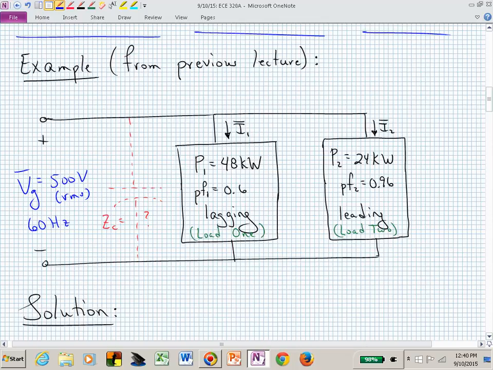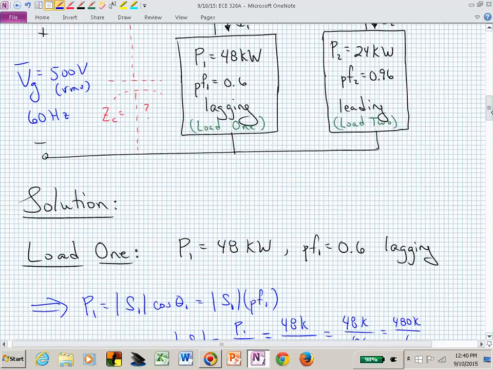Load 2 was 24 kilowatts, with a power factor of 0.96, and it was leading. Load 2 looks more capacitive. Load 1 looks inductive. The Q on load 1 should be positive. The Q from load 2 should be negative. Those should all just be triggered by reading that information.